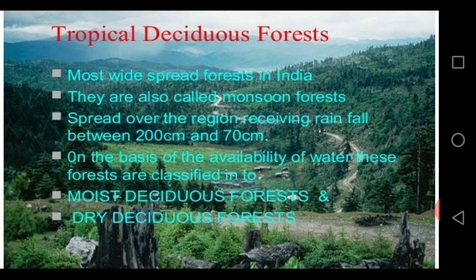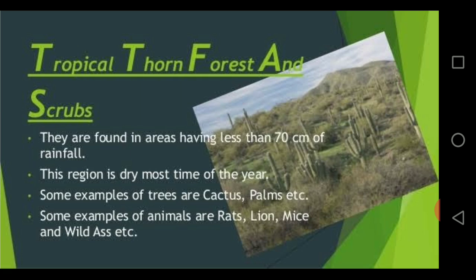How to identify deciduous forest? They shed their leaves in a particular season, the dry season. Like in summer, we know the trees and plants around us shed their leaves and it is totally dried up.